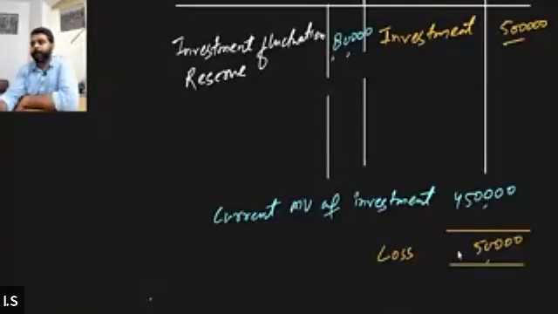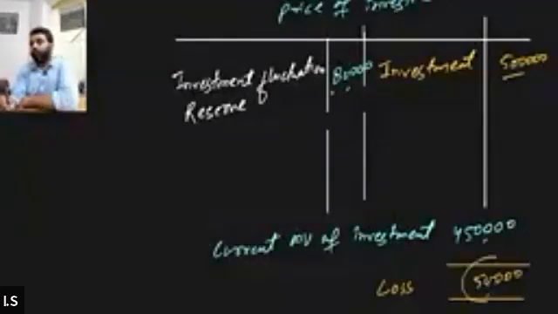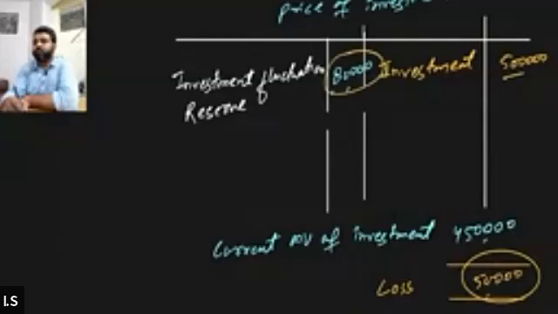Okay. Now tell me whether we will be able to compensate this loss out of the reserve that we have already made. To what extent will we be able to set off the losses? To the extent of 80,000, right? But we are having a loss of 50,000 only.